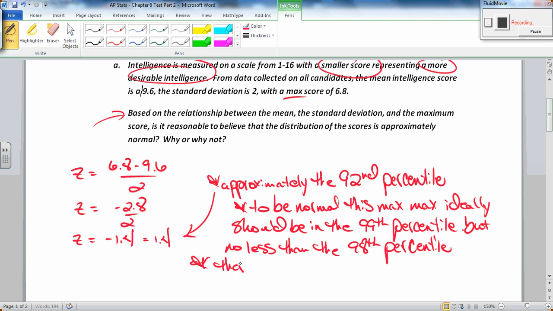Therefore, this distribution, given this information, given this relationship, is not approximately normal.